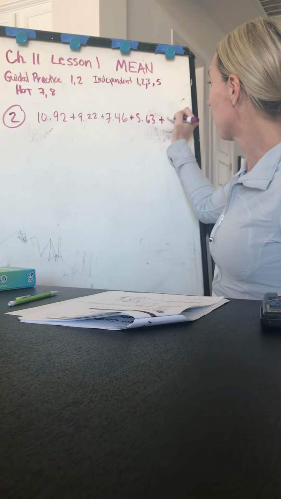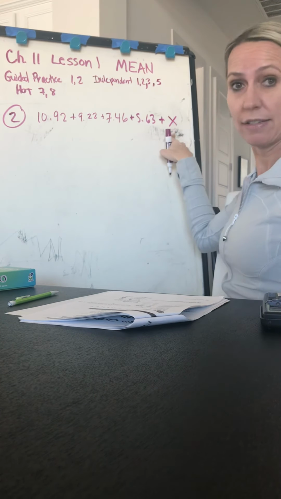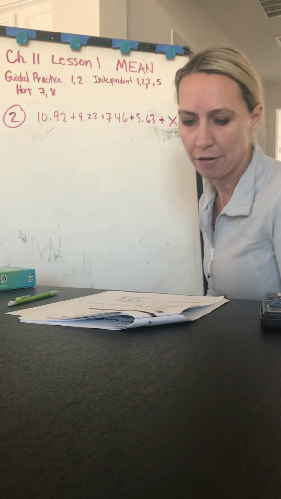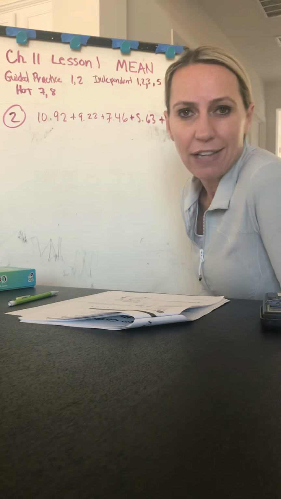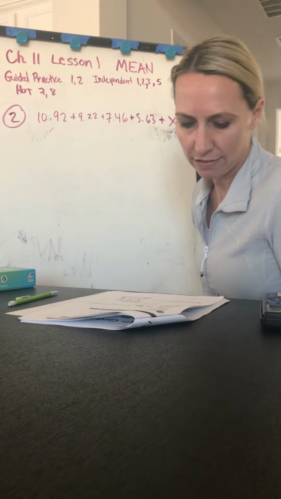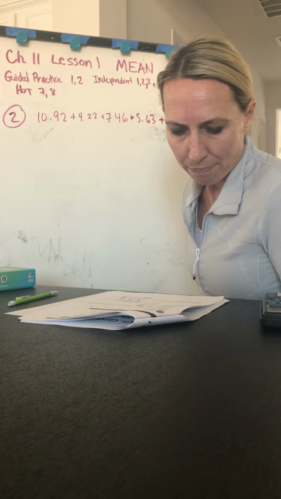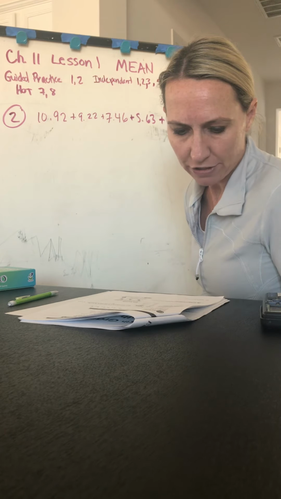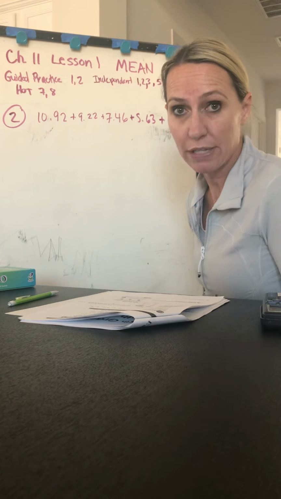We don't know what Southern is. I'm going to use the variable X to represent the question mark. You could use S, or you could use whatever you want. I like to use X. So it says, find the average. The average is actually, they gave that to you, 8.094.